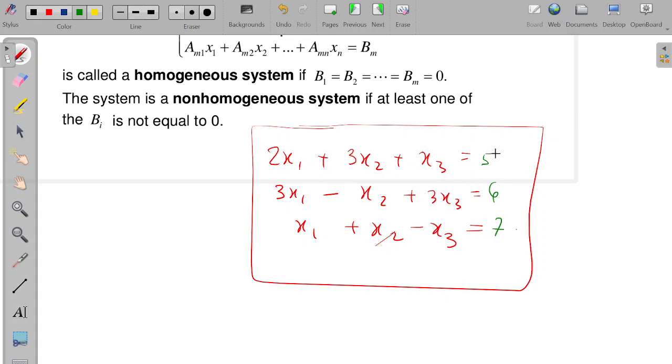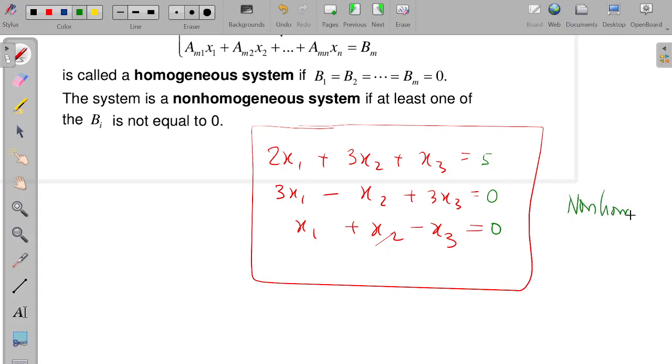Anytime you have a constant value included in the system of equations, it is non-homogeneous. Even if only one of them is not 0, while the others are 0, it is still non-homogeneous.